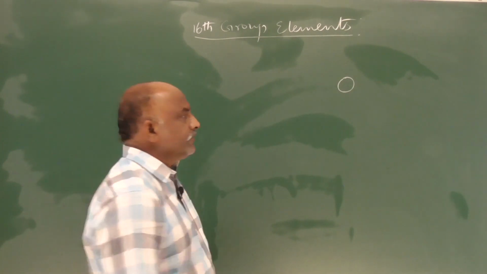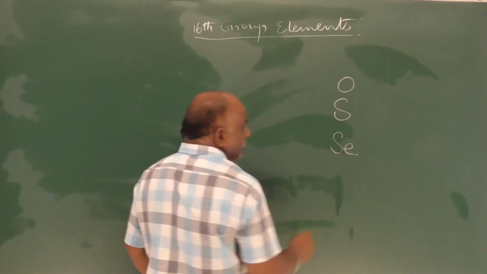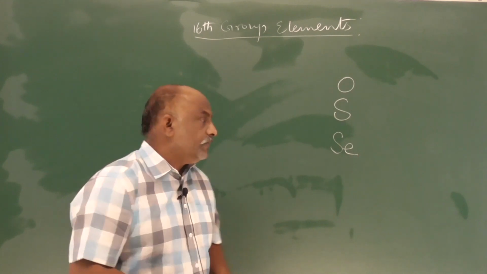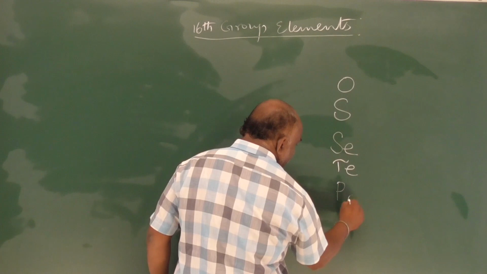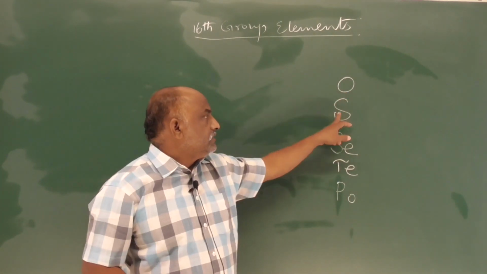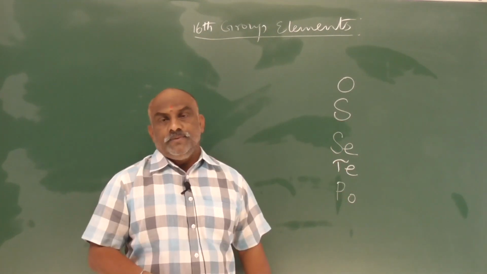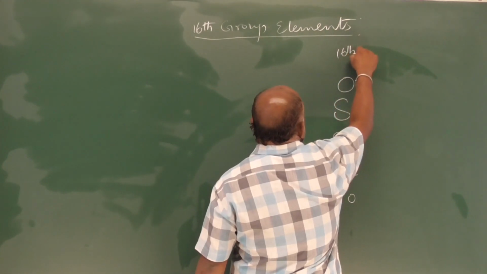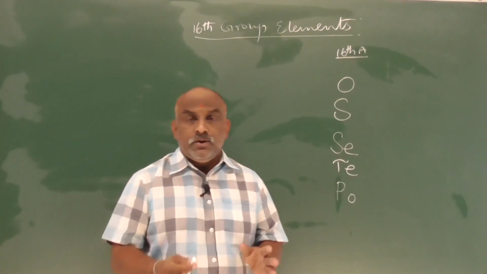Oxygen, sulfur, Se is called selenium, tellurium, polonium. These belong to the 16th A group elements, which in the periodic table is the 6th A group.